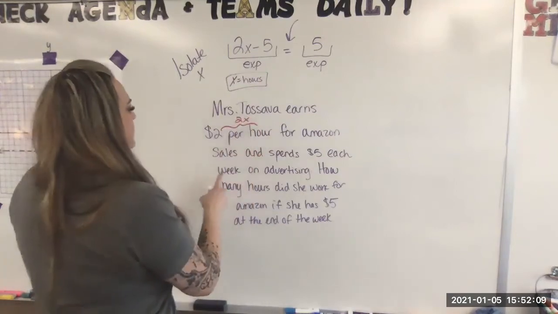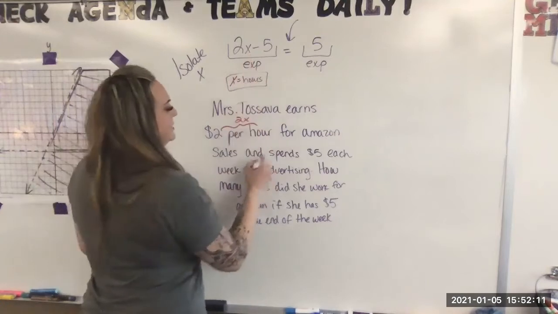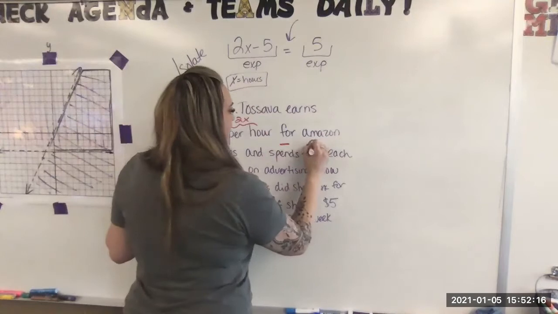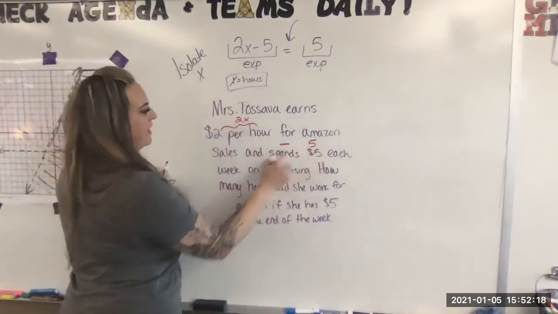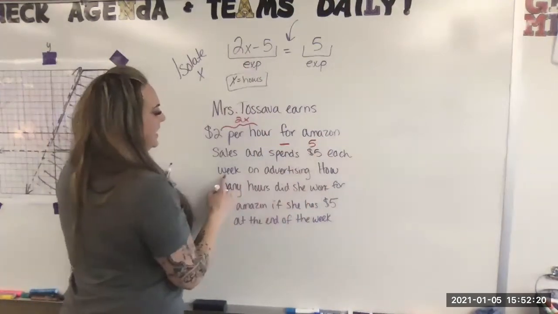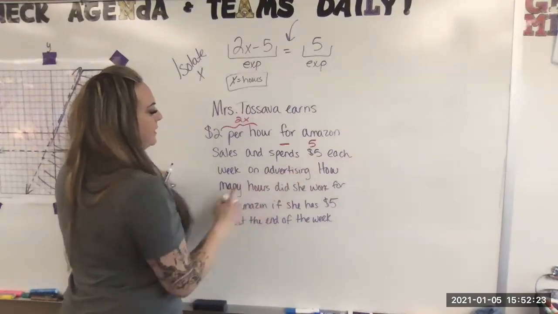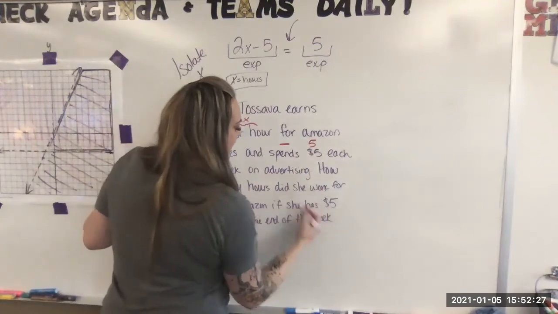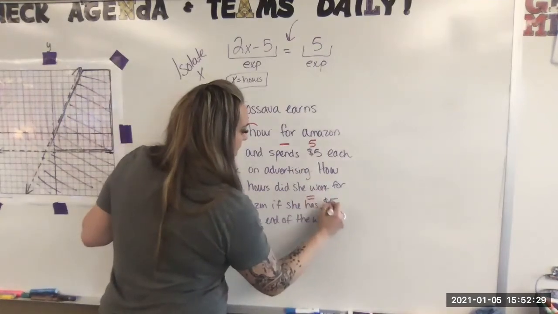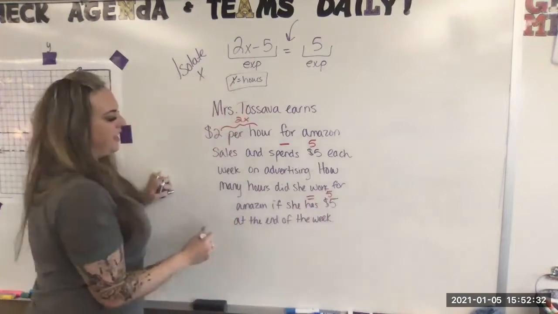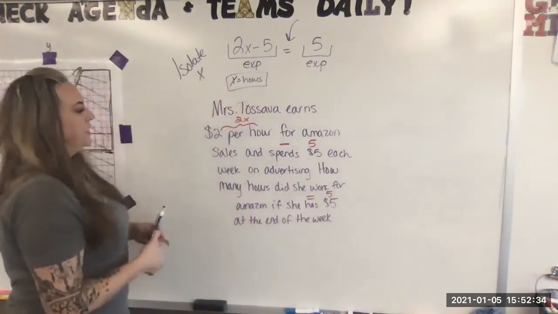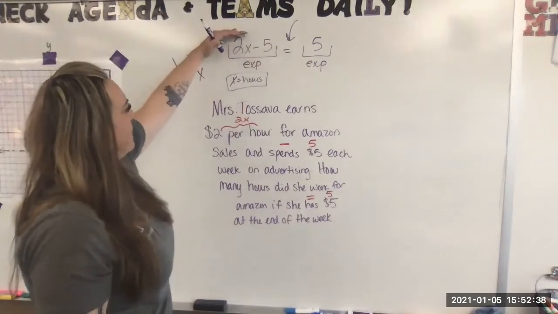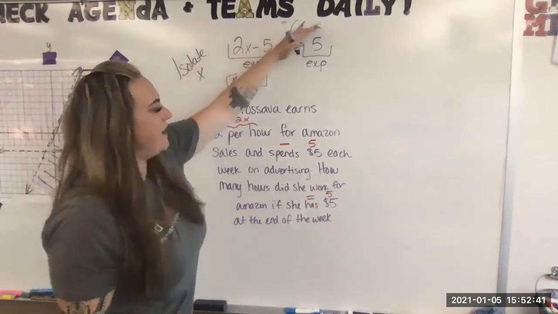For Amazon sales, and spends, there's the subtraction, spends 5, so see it, 2x minus 5 so far, each week on advertising. How many hours did she work for Amazon if she has, is what equals, I have this now, so equals $5 at the end of the week. So this represents the entire week. I made this much, I spent this much, this is what I have left at the end of the week.